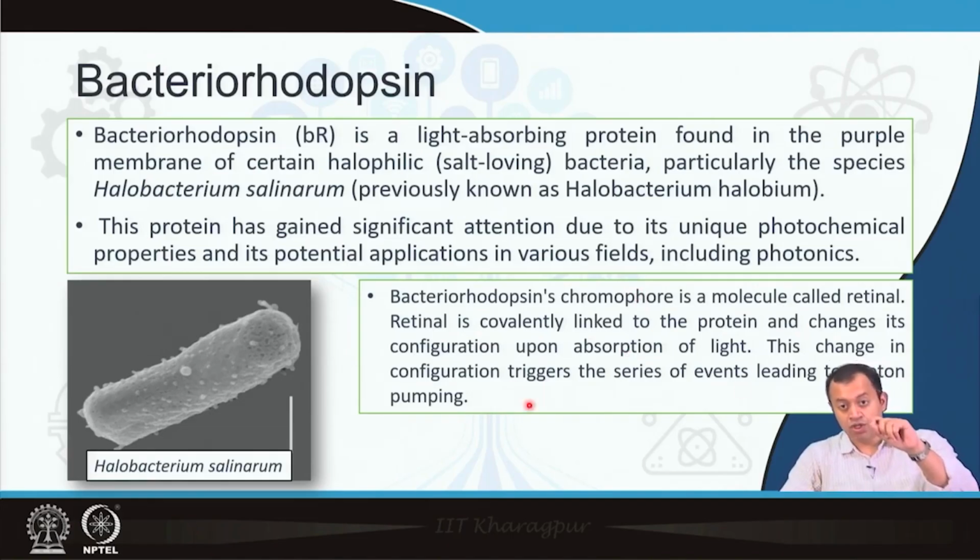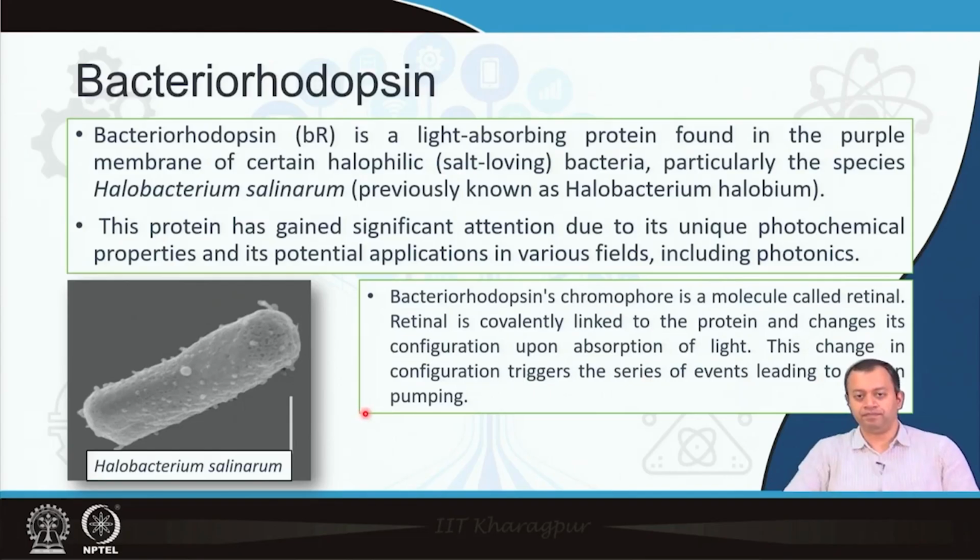But these days they are using it for holography, light based memory sensing. Bacteriorhodopsin's chromophore is a molecule called retinal, also used in our eye for visualization. Retinal is covalently linked to the protein and changes its configuration upon absorption of light. This change in configuration triggers a series of events leading to proton pumping.